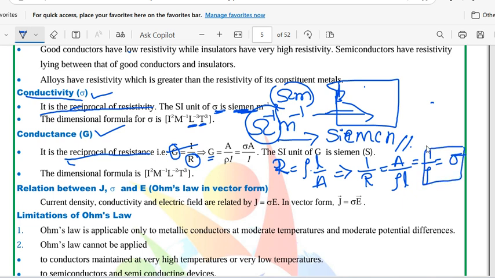We have discussed that the reciprocal of resistivity is nothing but conductivity. That's why I have written G is equal to sigma into A divided by L. The SI unit of G is Siemens, that is, per ohm.